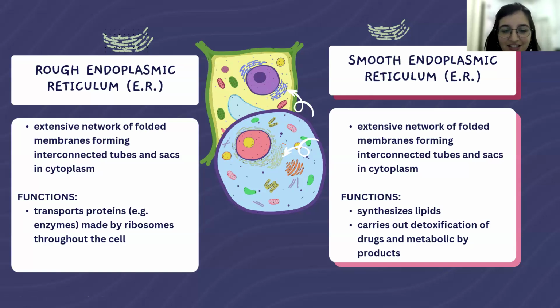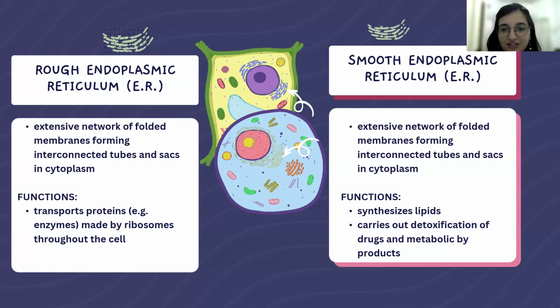Basically, they detoxify, meaning that something toxic is made not toxic at all or less toxic. So inside the cell, the cell has to have a system where it can carry out the functions to keep the insides of the cell safe as well, right? So that is where the smooth endoplasmic reticulum helps out.